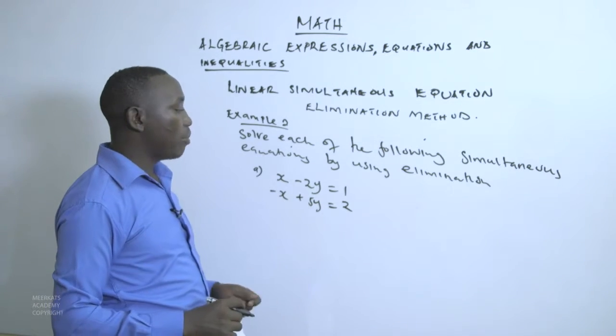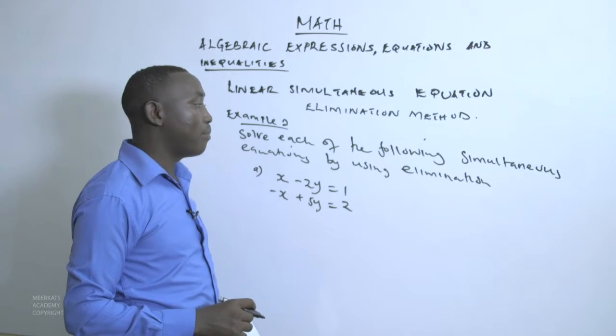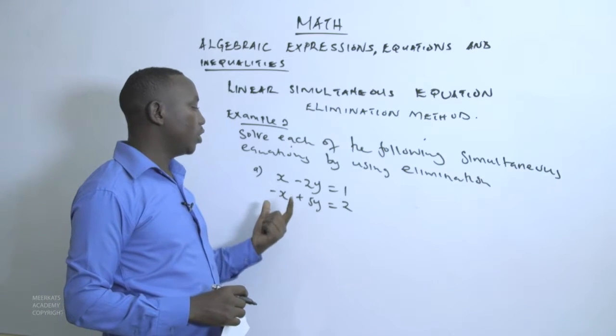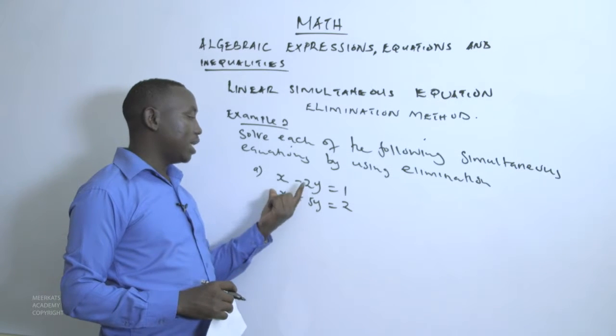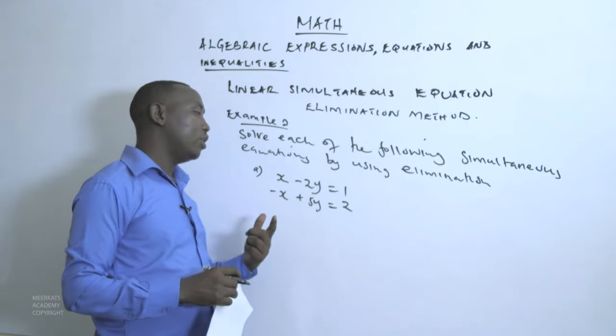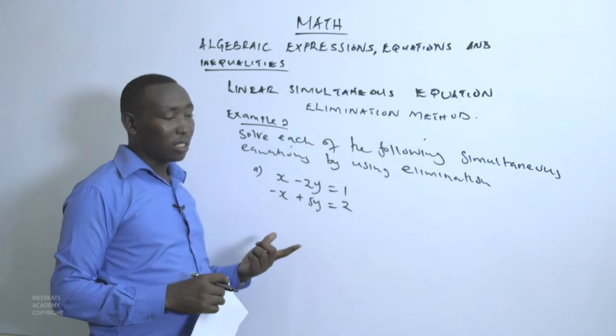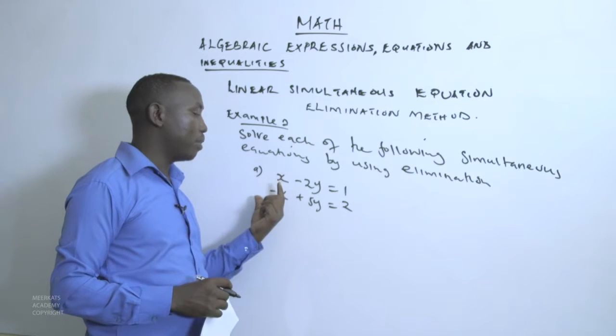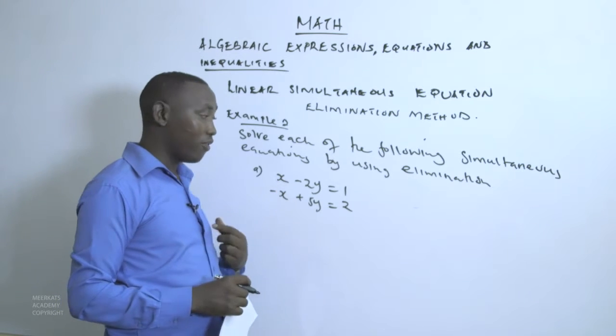Now these are a pair of simultaneous linear equations. We are going to use elimination, and we say that before you choose which part to eliminate, always cross-check if we have pronumerals with the same coefficient.